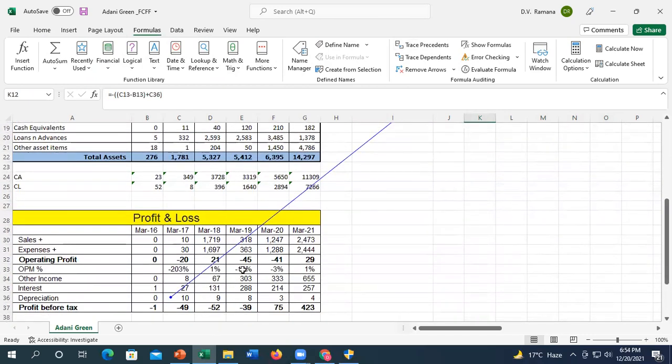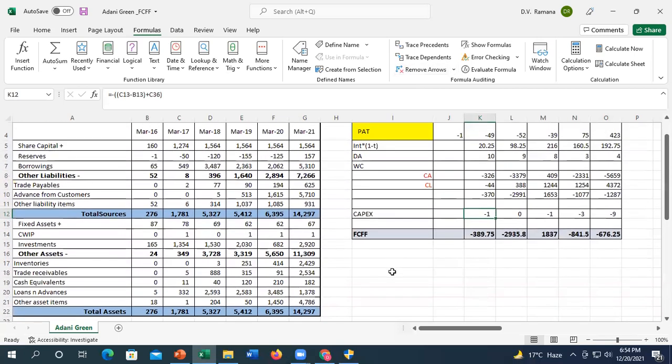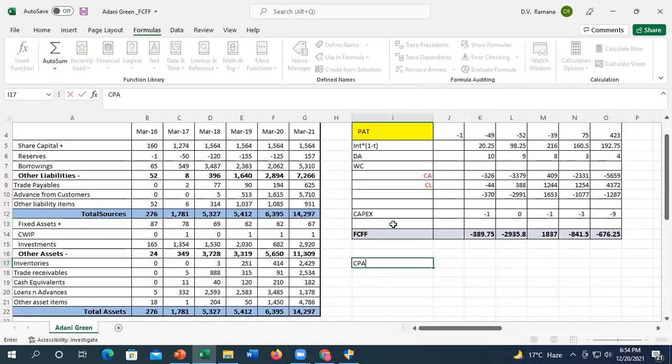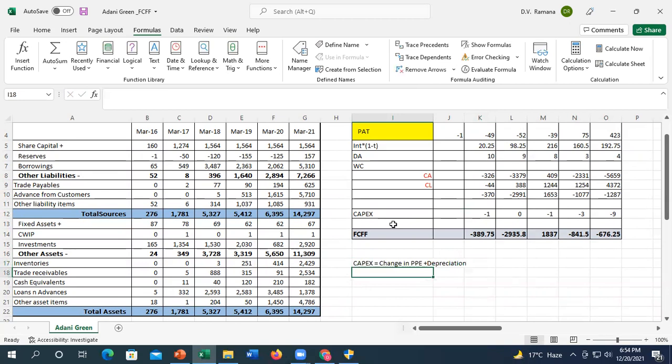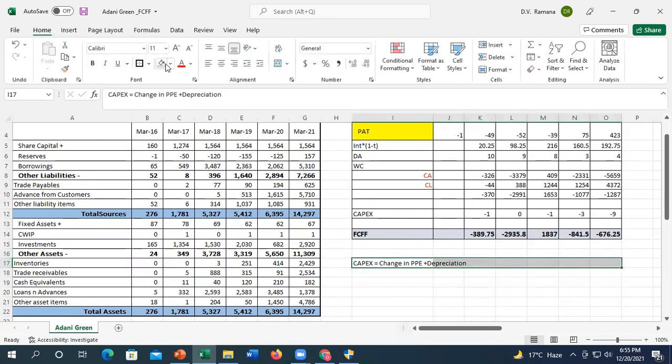So CAPEX, because we're going to use CAPEX all through this exercise, CAPEX is equal to the change in the PPE plus depreciation. Plus depreciation will tell me whether you have purchased an asset during the period or you have sold the asset, PPE, during the period.